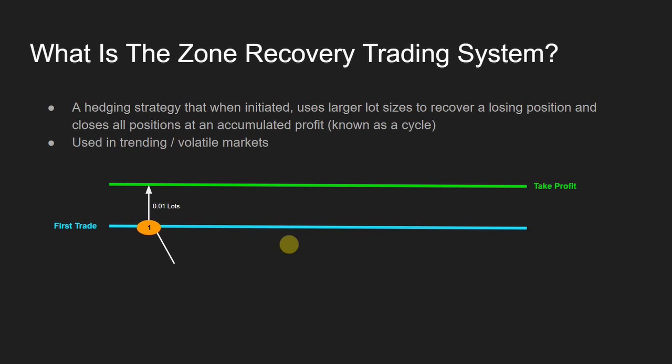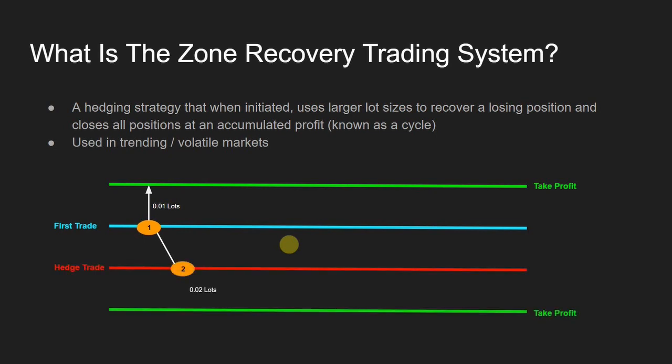So when price goes against you by a given amount, let's say it goes against us by 10 pips, and we had a 1-to-1 situation going on over here, then instead of closing out trade number one, it opens a hedge trade with a larger lot size, which in this case we'll say doubles to 0.02, and it creates a new take profit target to the downside.